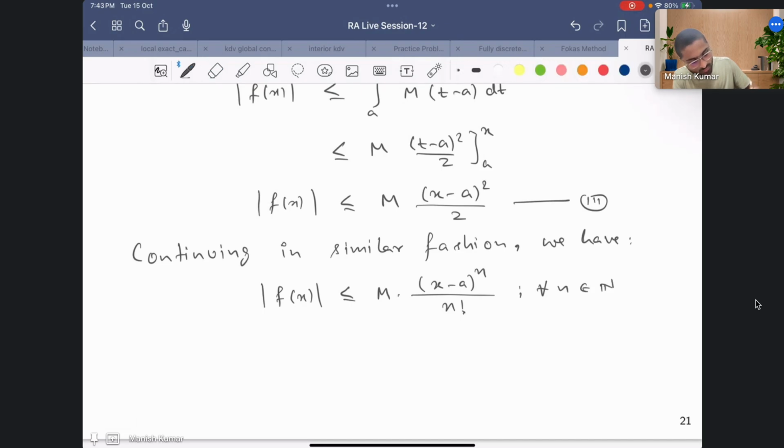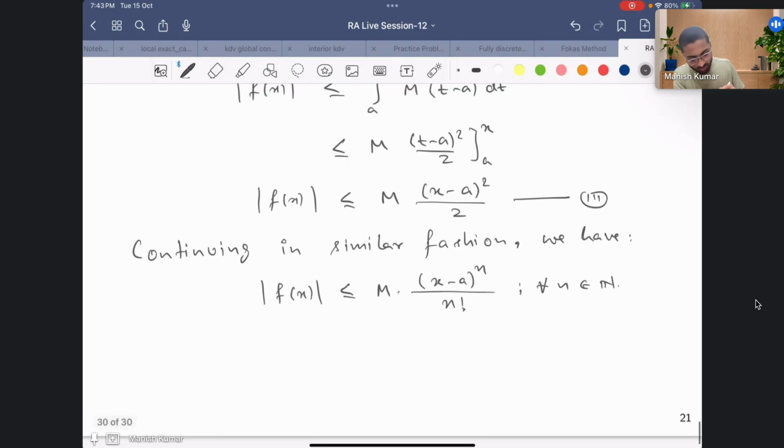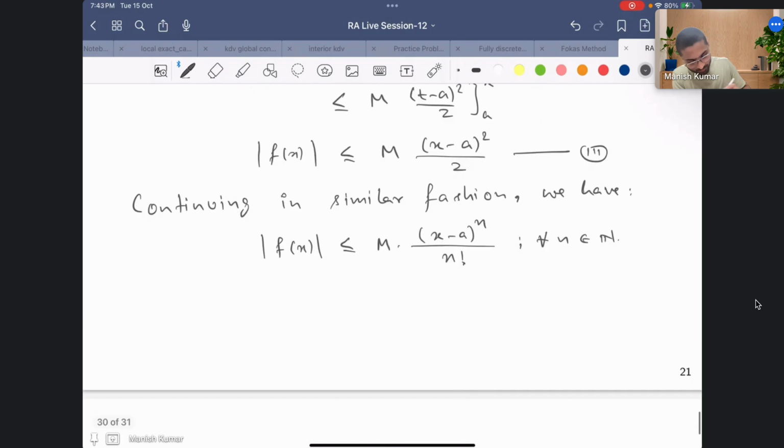Whatever n you want, you can reach there. My claim is that you can bound it further as M times (b minus a) raised to the power n upon factorial n. This is true for all n in natural numbers.